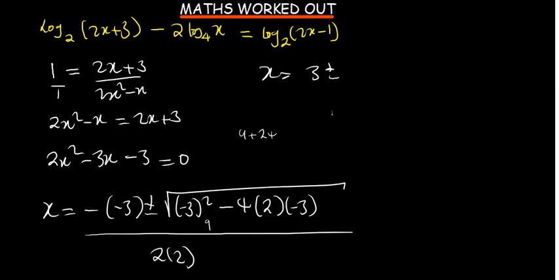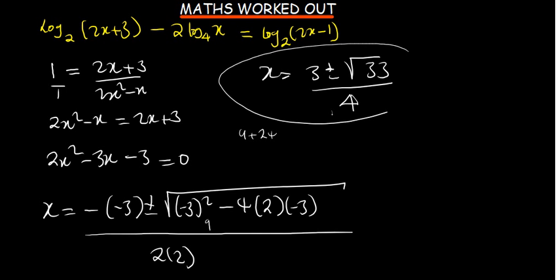That is going to be a square root of 33 over 4. So this is going to be the value of x. There are going to be two values. x is equal to 3 plus square root of 33 over 4, or x is equal to 3 minus square root of 33 over 4.